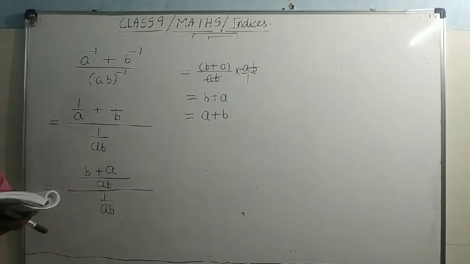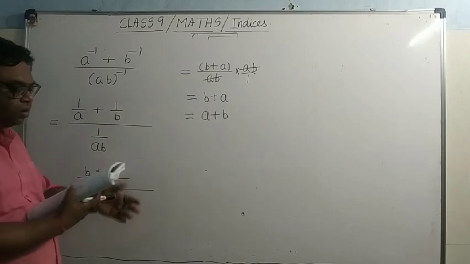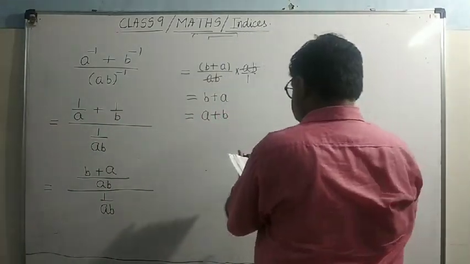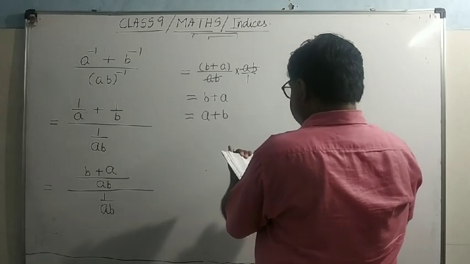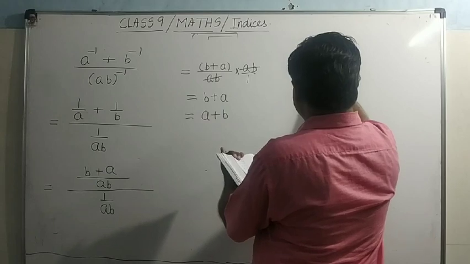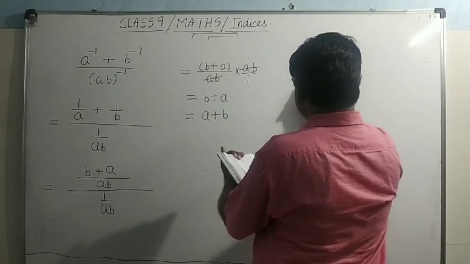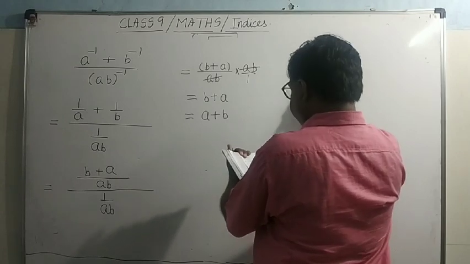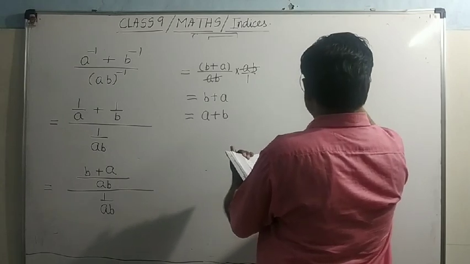Now see here. This is 8 upon 125, whole to the power minus 1 upon 3.